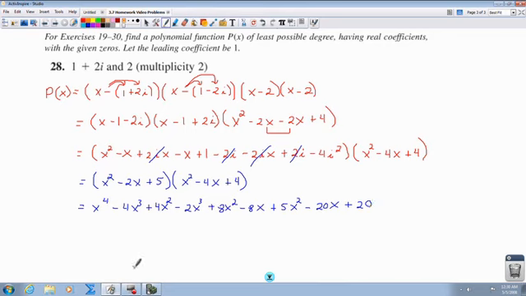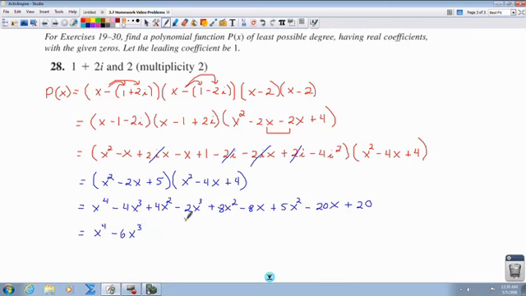Yay! All we have to do now is combine all our like terms. x to the 4th, are there any more? No. This is the highest power, and it's the only one there. x to the 3rds, we have negative 4 and negative 2, which makes negative 6. So negative 6x to the 3rd power.